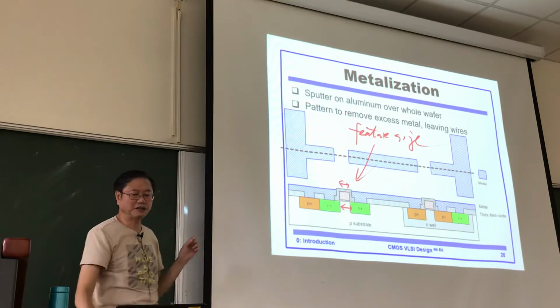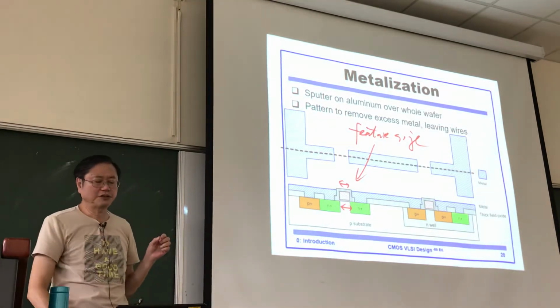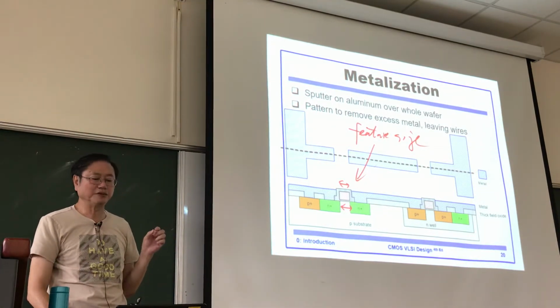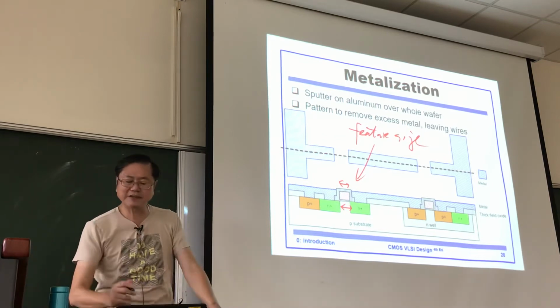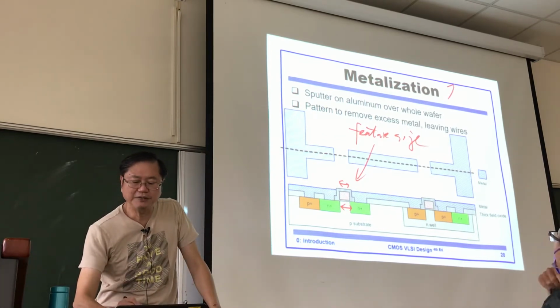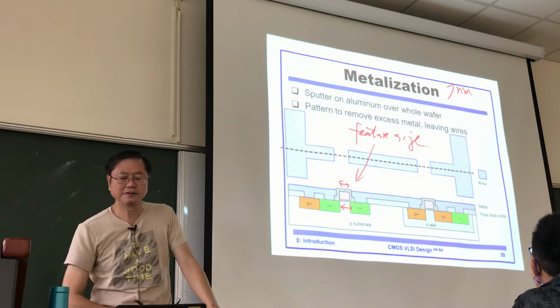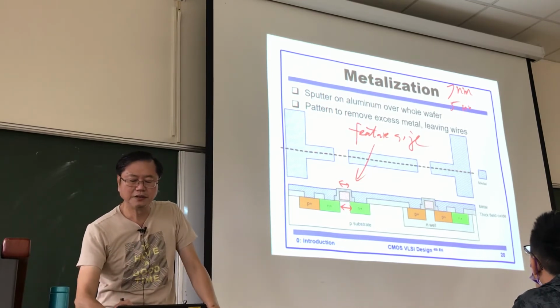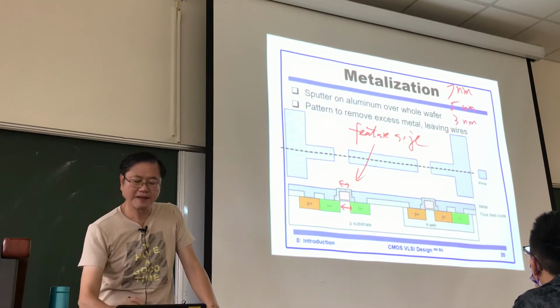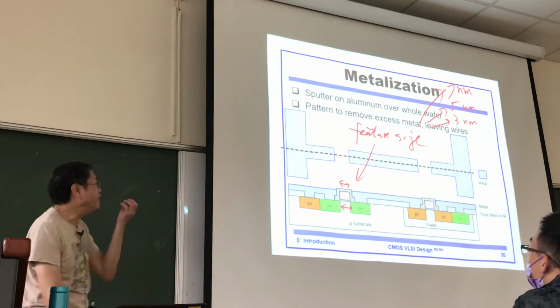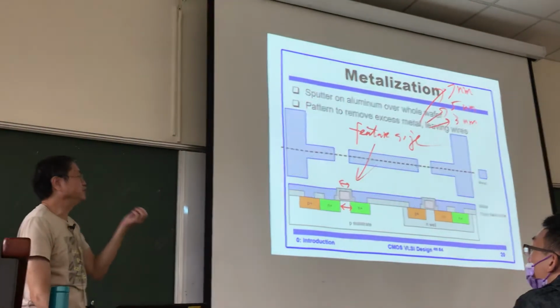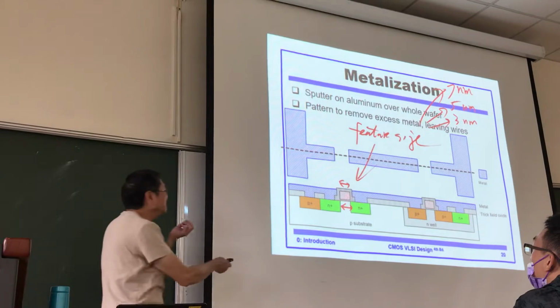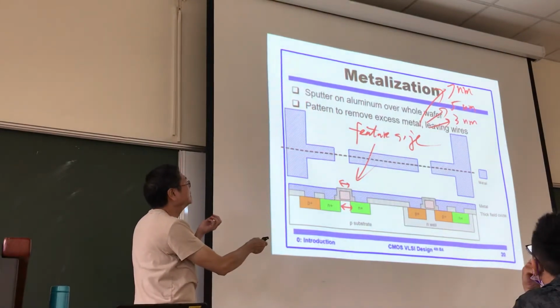VLSI is the level of the manufacturing process. So when we talk about 7 nanometer or 5 nanometer or 3 nanometer, that's VLSI. Meaning we can make the minimum size transistor with channel length equal to 7 nanometer or 5 nanometer.